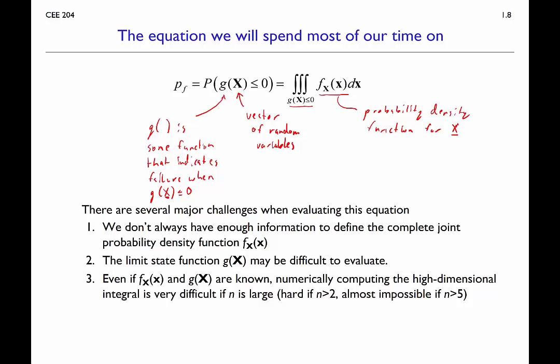And when n, the dimension of x, gets greater than 2, so once I have kind of 3 or 4 or 5 random variables, doing a kind of numerical quadrature integration in those high dimensions is quite hard. And once I've got more than on the order of 5 random variables, basically I can't do that numerical integral just via brute force. And so we've got to think about effective numerical strategies for evaluating this integral in high dimensions, because the high dimensional problem is the interesting one, as we noted just a moment ago.